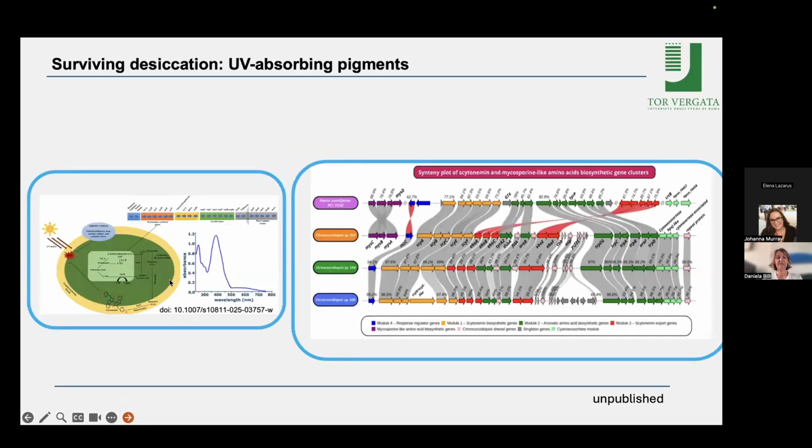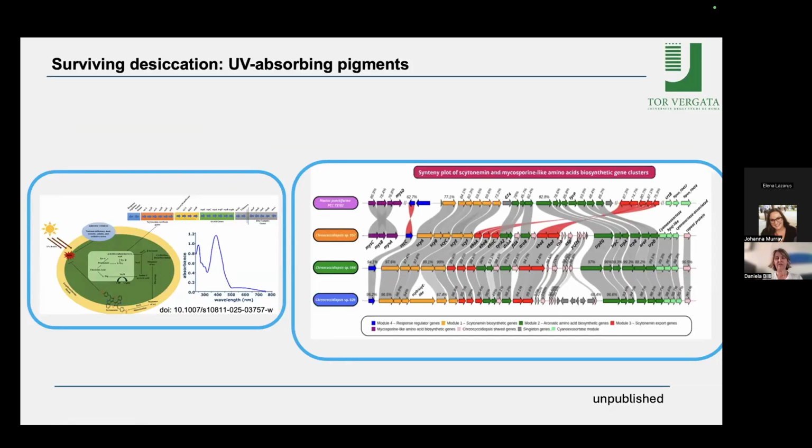And then, surviving desiccation in the desert. Of course, these cyanobacteria live inside the rock, where UV is not penetrating, but when the conditions are not so extreme, they can maybe go from inside the rock to the outside, the epilithic part, or they can be transported by wind from one rock to another.